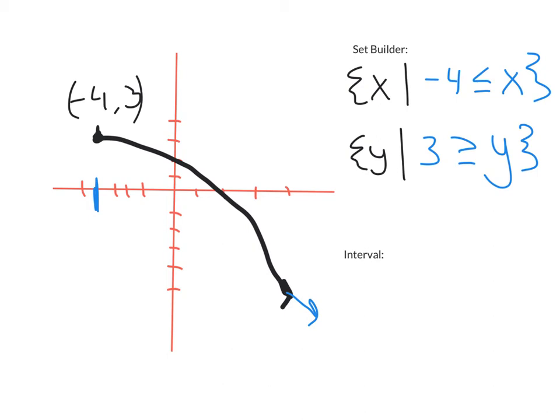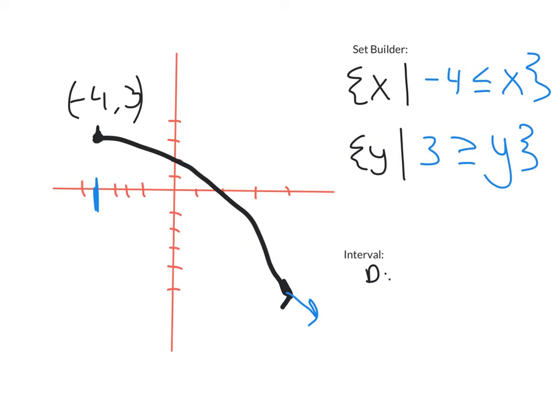So in interval notation, it's going to look a little bit different because we are going to go off to +infinity and -infinity. So let's take a look at the domain first. So that's the x values. So we'll just say domain.